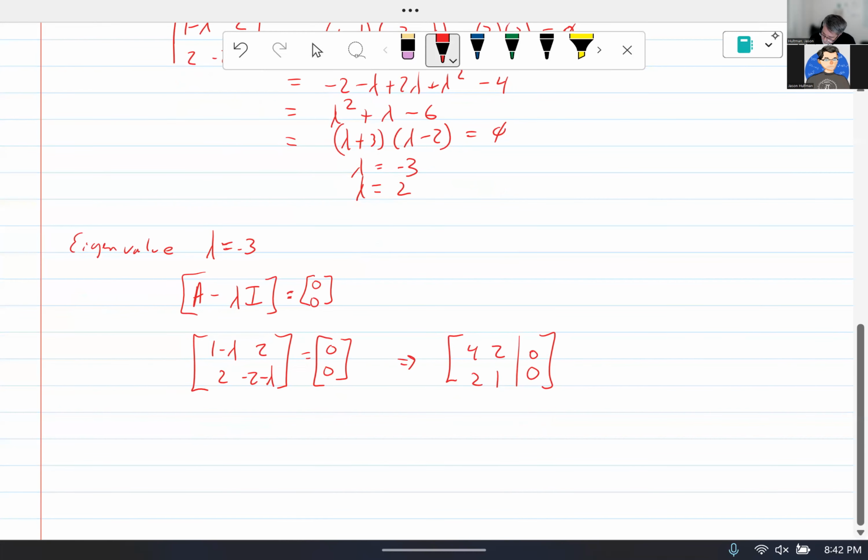Okay, we RREF this one. It's really easy to see that this is just going to become 1, 1/2, 0, 0, 0, 0. Okay, so I have x and y.